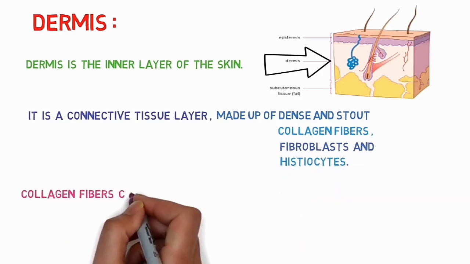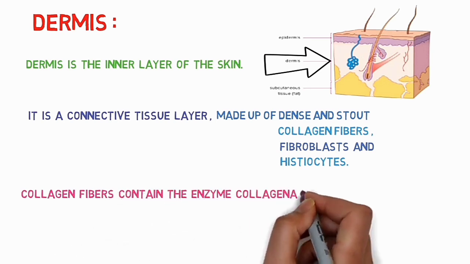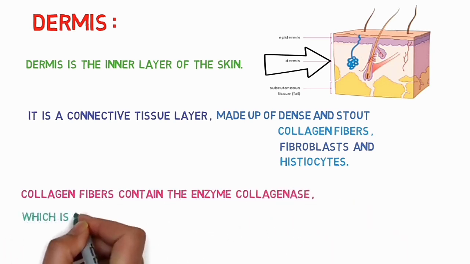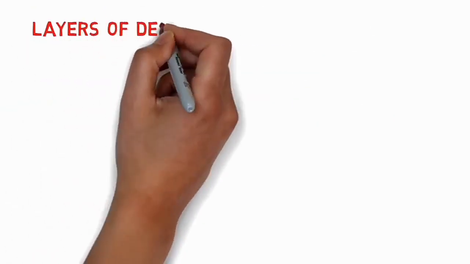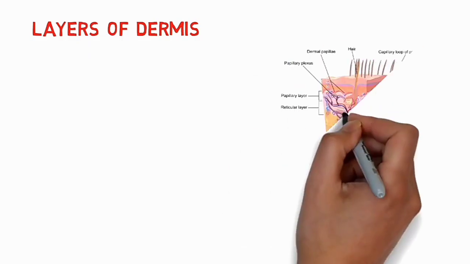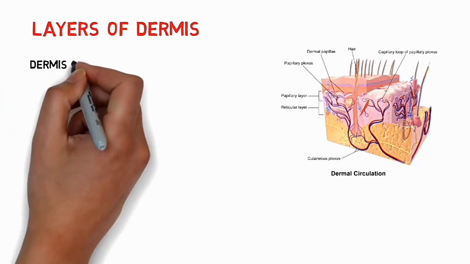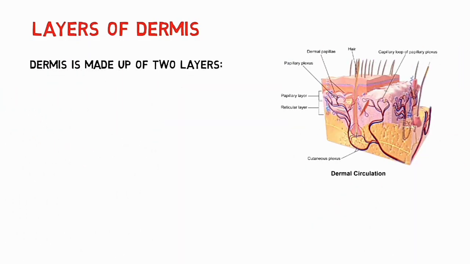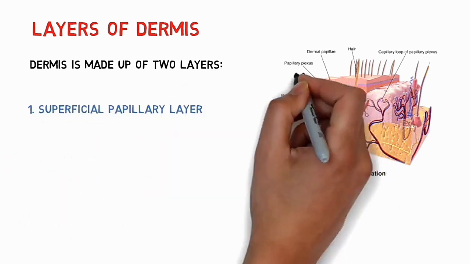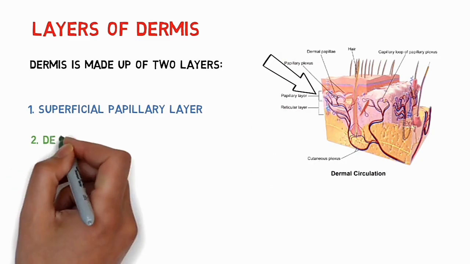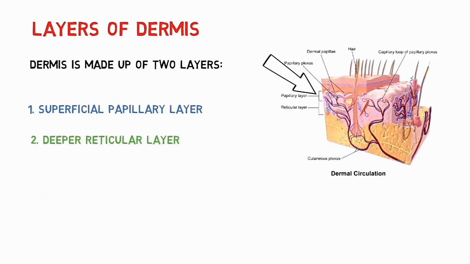Collagen fibers contain the enzyme collagenase, which is responsible for wound healing. Now, layers of dermis. Dermis is made up of two layers. First, superficial papillary layer, and second, deeper reticular layer.